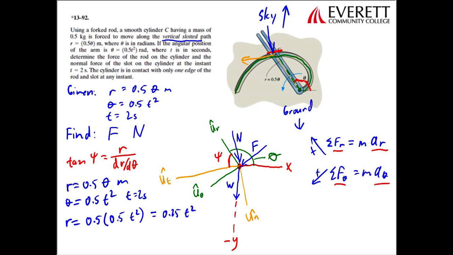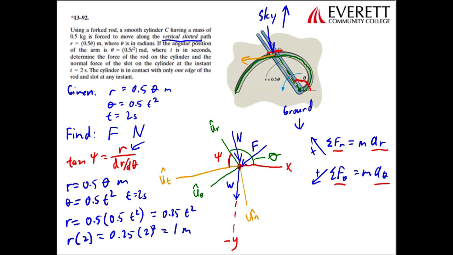To figure out what our radius is at t equals 2, we just plug in 2 for the t, and we get the radius at 2 is equal to 0.25 times 2 squared, which is equal to 1 meter. So now the radius is equal to 1 meter at t equals 2 seconds. So that'll be the top of this equation here. That's going to be equal to 1.